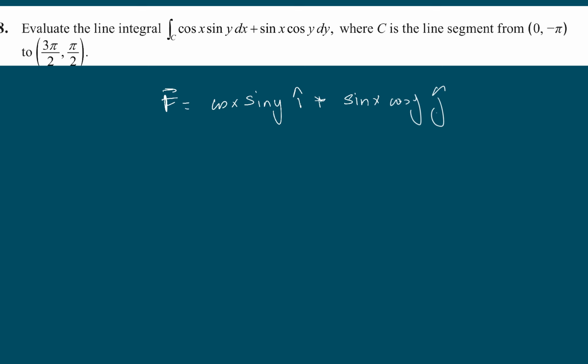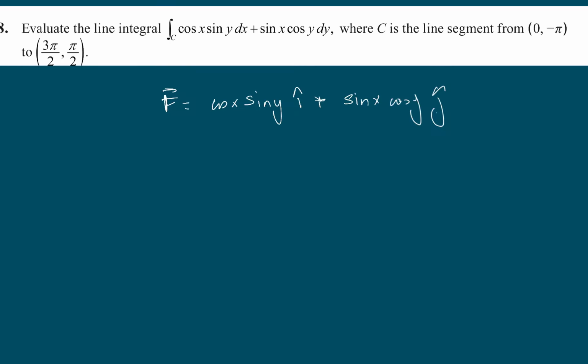This is the vector field. C is the line segment that connects the point 0, minus pi and 3 pi divided by 2, pi divided by 2.